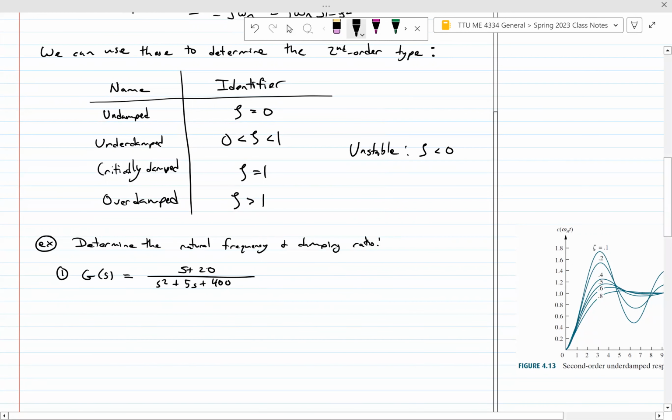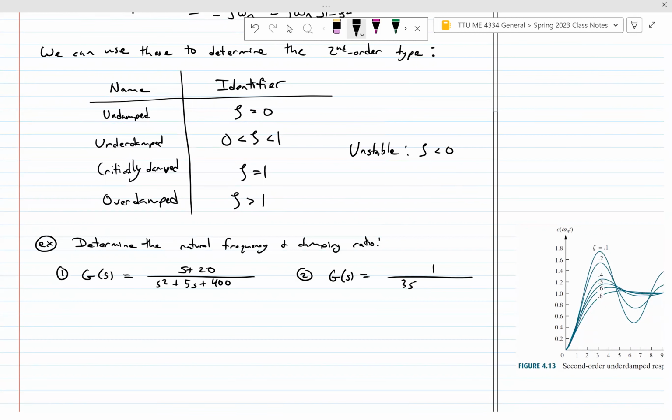And then for the folks in class, I'll give you the harder one, which is 1 over 3s squared plus 180 times s plus 900. All right, so tell me what omega n is and what our damping ratio is.